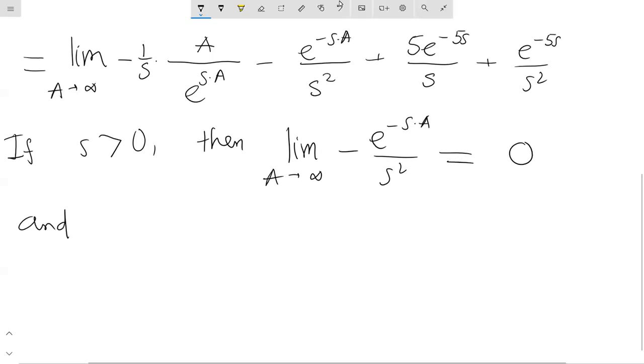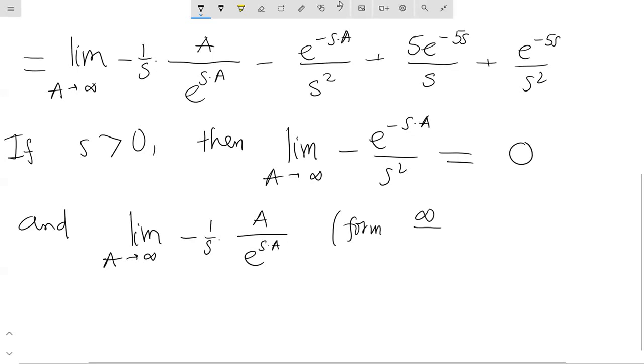But also, for the limit with minus 1 over s here, a over e to the s times a is of the form infinity over infinity. And if we use L'Hopital's rule, we need to take the derivative in a. The derivative of the numerator in a is 1.